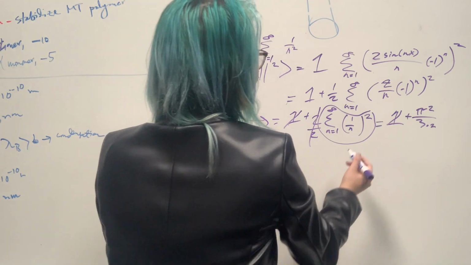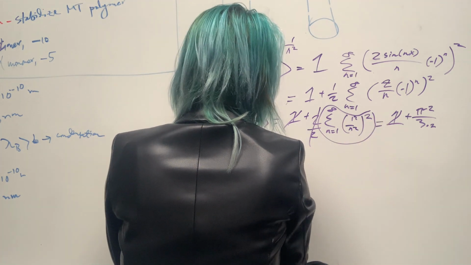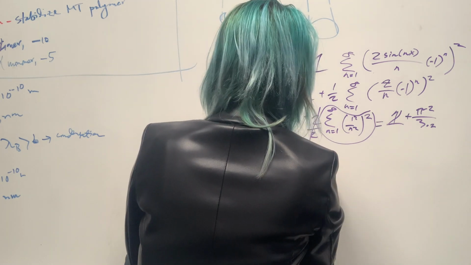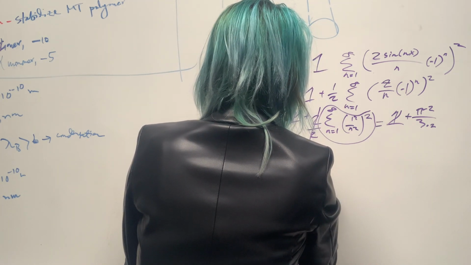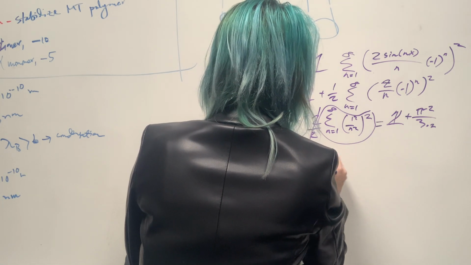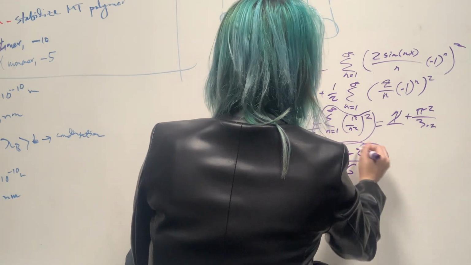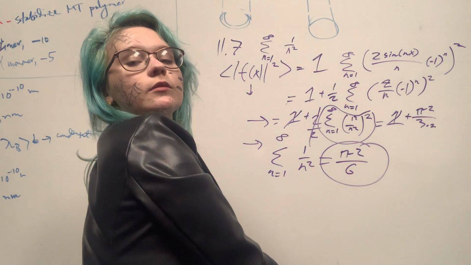Yeah? Now that we know that, we can say that our original is equal to a squared over 6. And this is the sum of our series.